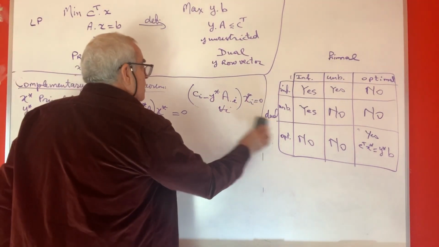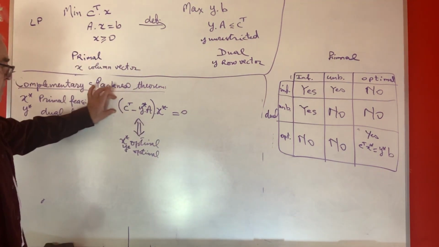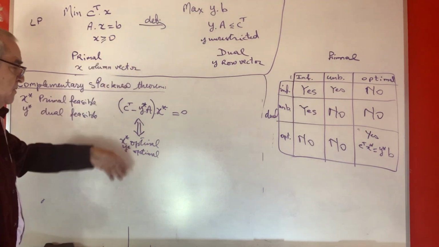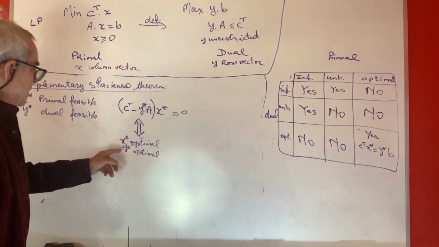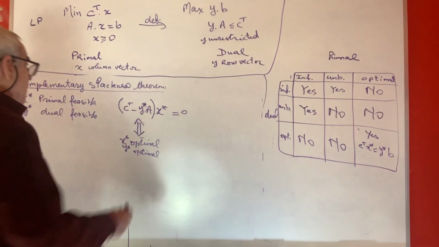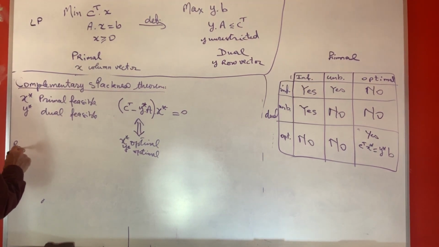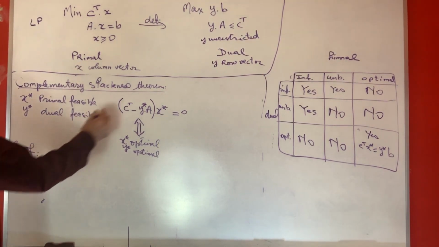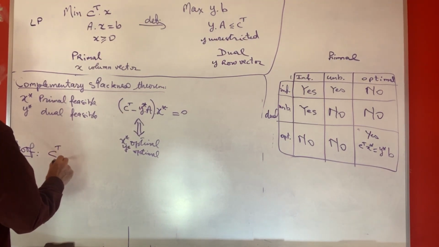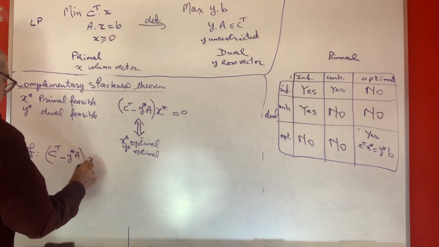Now, if I have this expression, then that implies X star and Y star are optimal, and vice versa too. If X star is optimal for the primal and Y star dual optimal, then we have this. And the proof is so trivial. Let's calculate what this is. C transpose minus Y star A times X star.